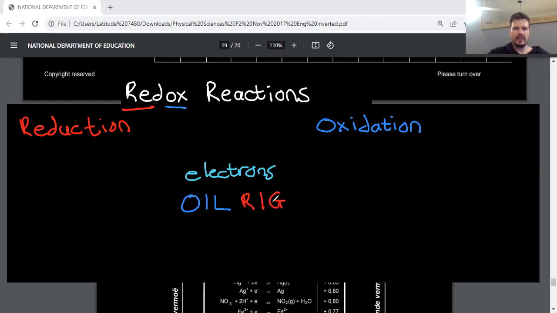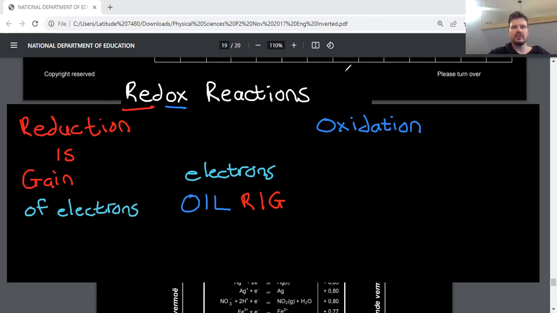I've done the rig part in red, because reduction is gain. That's what the rig bit stands for. The substance that's being reduced gains electrons.